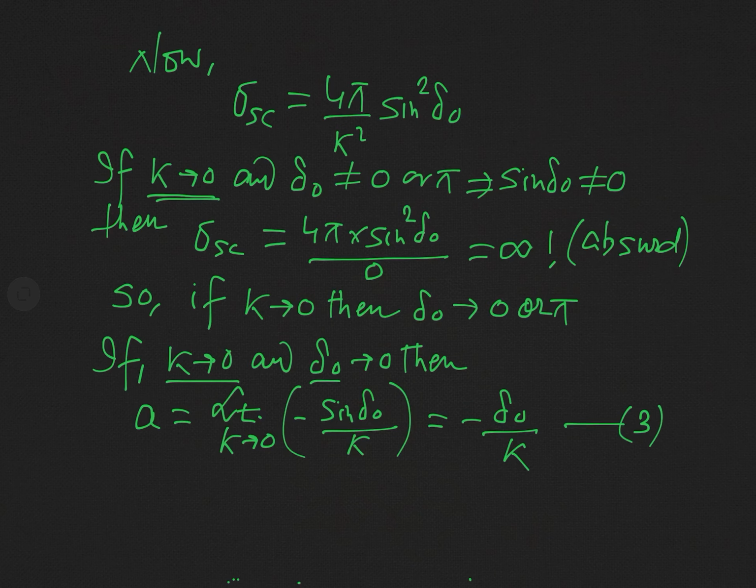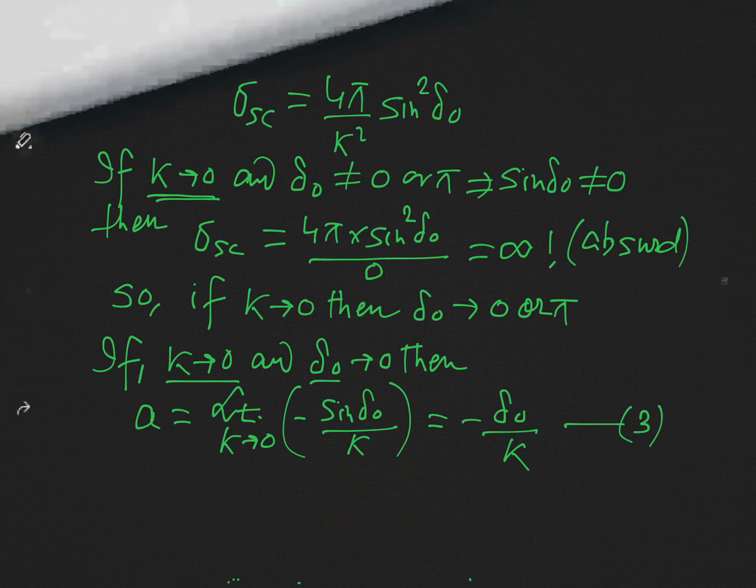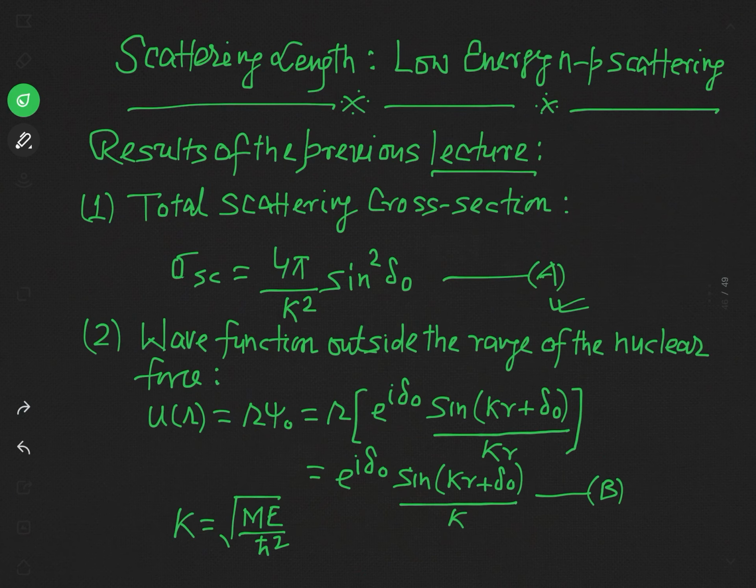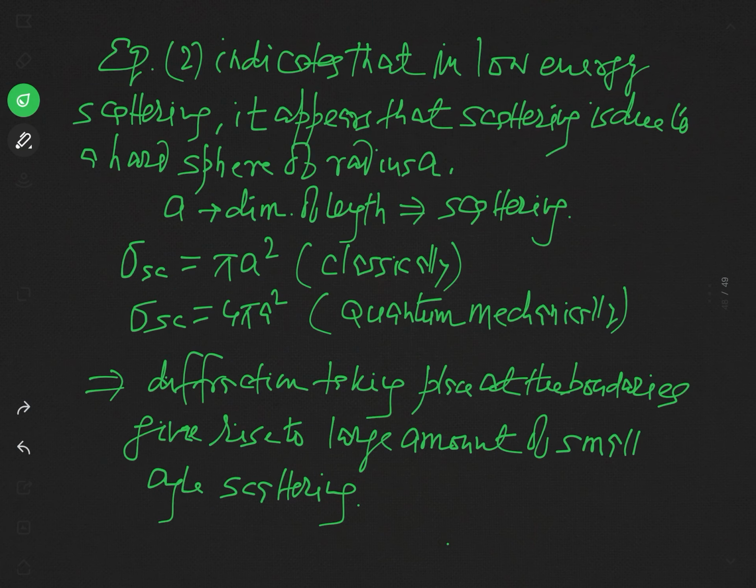Now let us see, in this limiting condition, that is at very low incident neutron energy, what is the wave function outside of the range of the nuclear force, which I have defined in equation B. What will be this wave function u of r, which is the wave function outside of the range of the nuclear force in the limiting condition when k tends to 0? Our aim is to find this wave function.